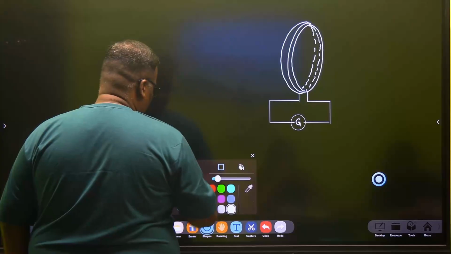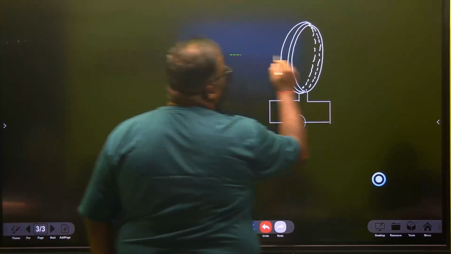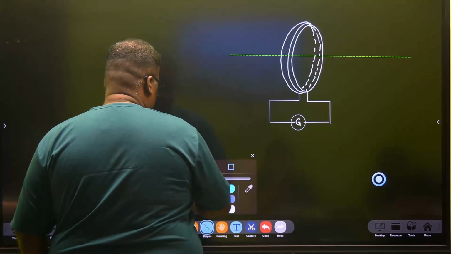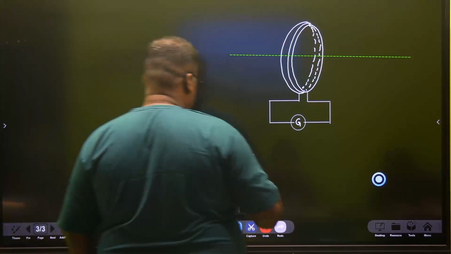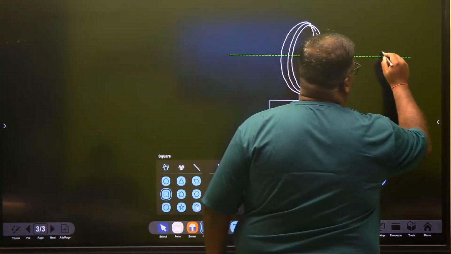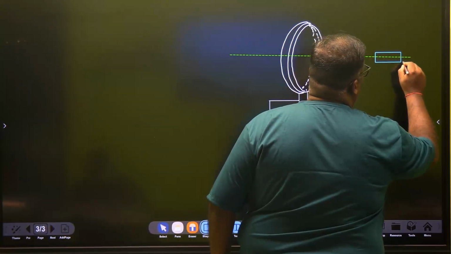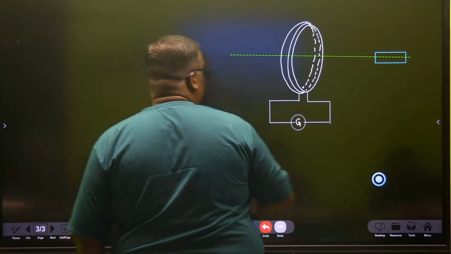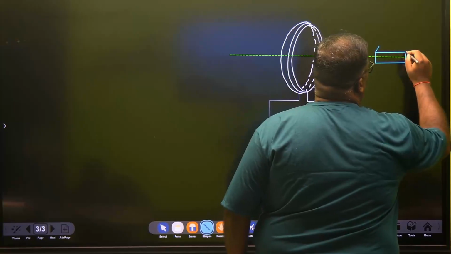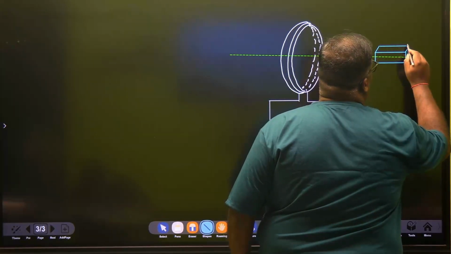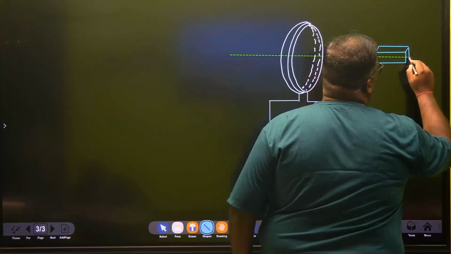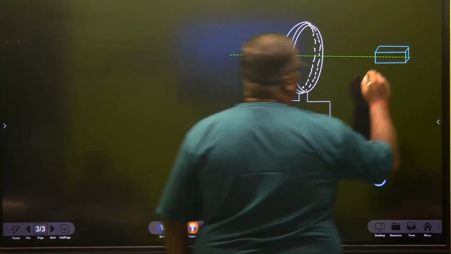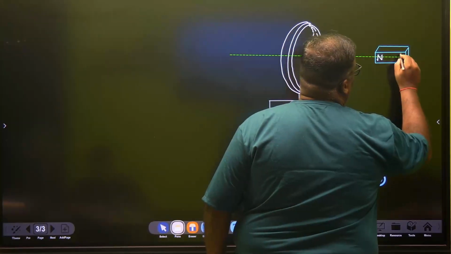This is my coil, and let's say this is an axis. On this axis, the first experiment will involve a magnet. Let me bring my magnet out here, such that this is the north pole of the magnet and this is the south pole.